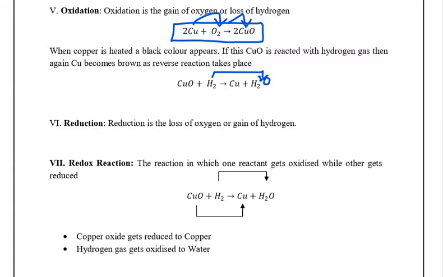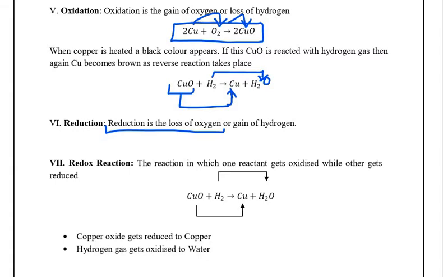Now the next thing we need to learn is reduction. Reduction is basically the loss of oxygen. In this case you can see that copper oxide has been reduced to copper. That means there is a loss of oxygen. So this is known as reduction.